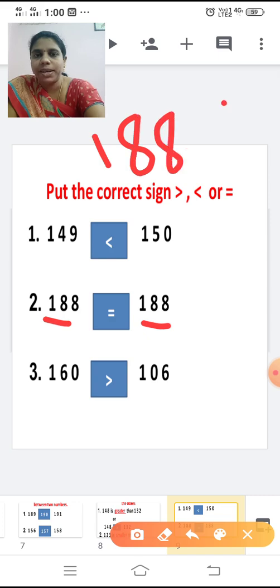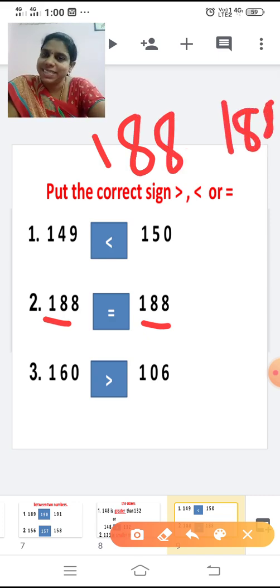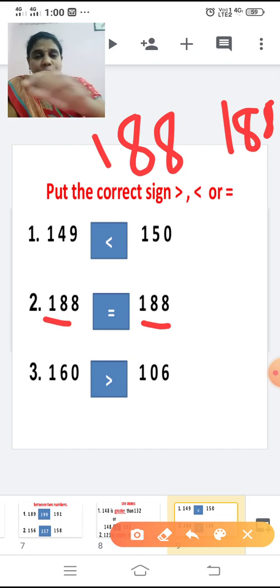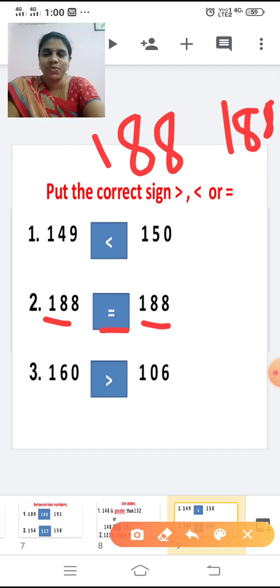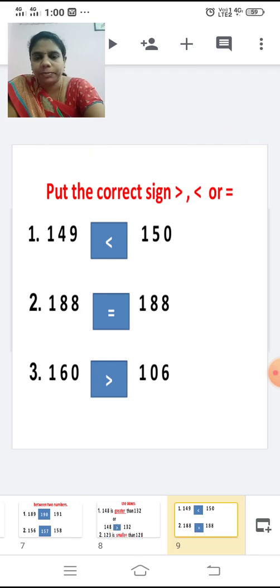In both the numbers, all the digits are same. So what symbol will come in between? If the digits in both the numbers are same, you have to put equal to sign in between. So 188 is equal to 188.